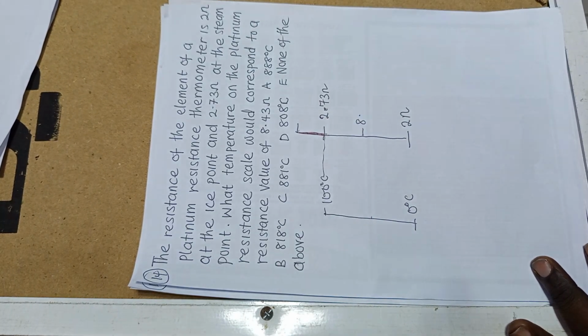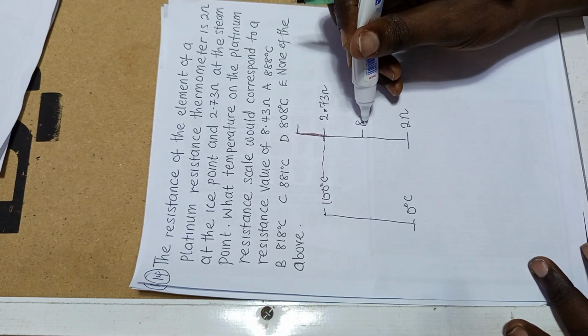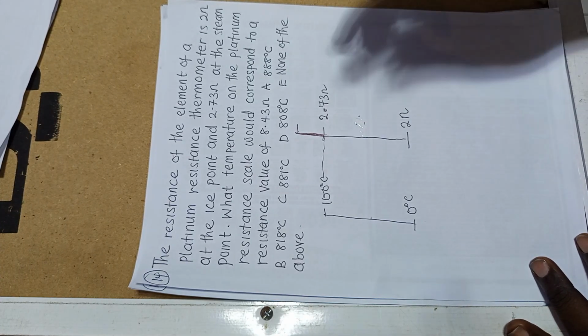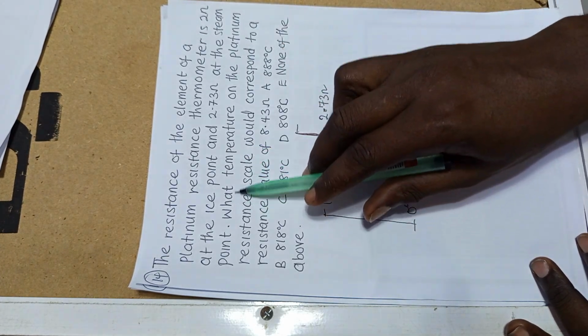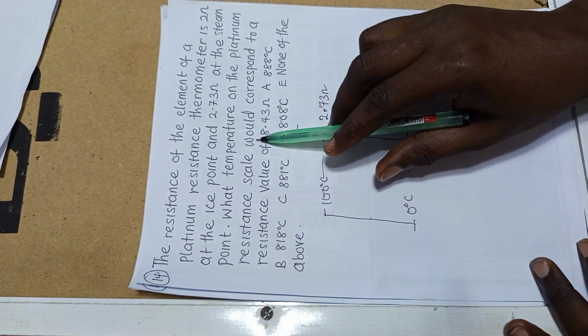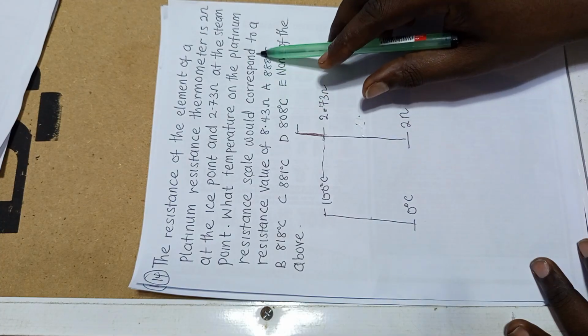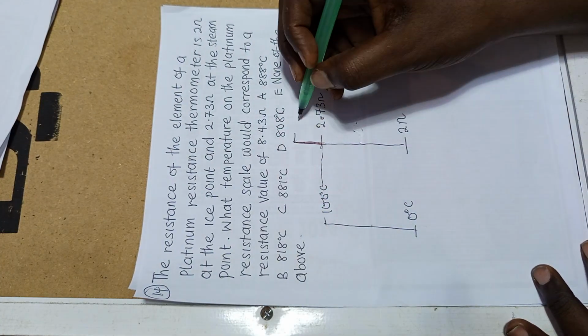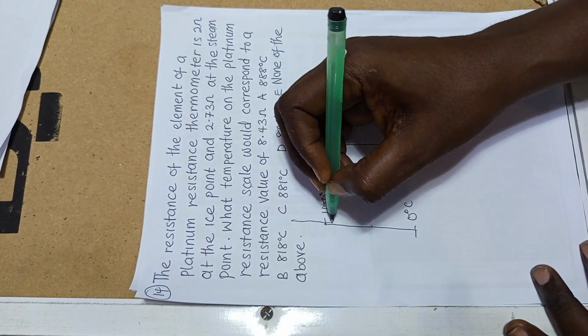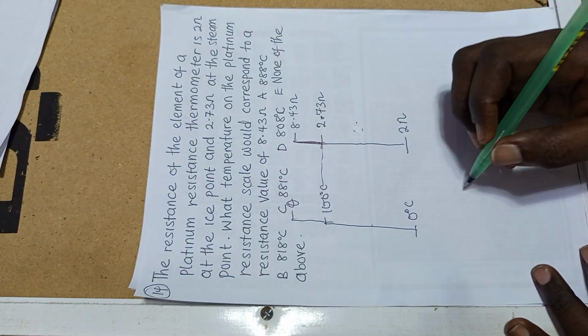8.43 is higher than the others, so that should be on top. See, what temperature on the platinum resistance scale would correspond to a resistance of 8.43 ohms? So we are looking for theta now.